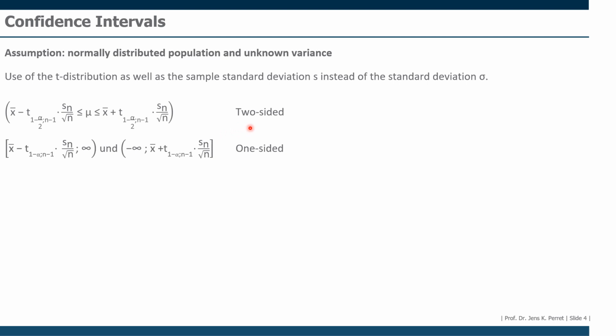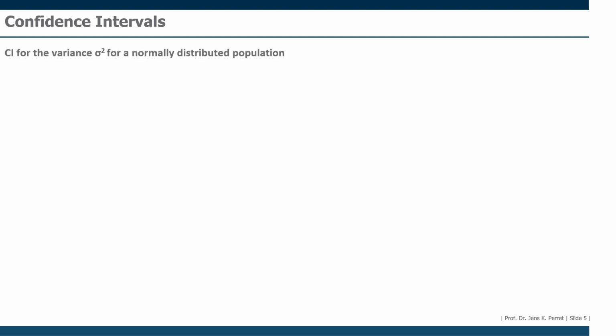However, we can do the same thing for the variance as well. Here, for the variance, we as well assume a normally distributed population. Well, we do not have any assumptions for the variance because, well, if we want to have a confidence interval, it's not given.